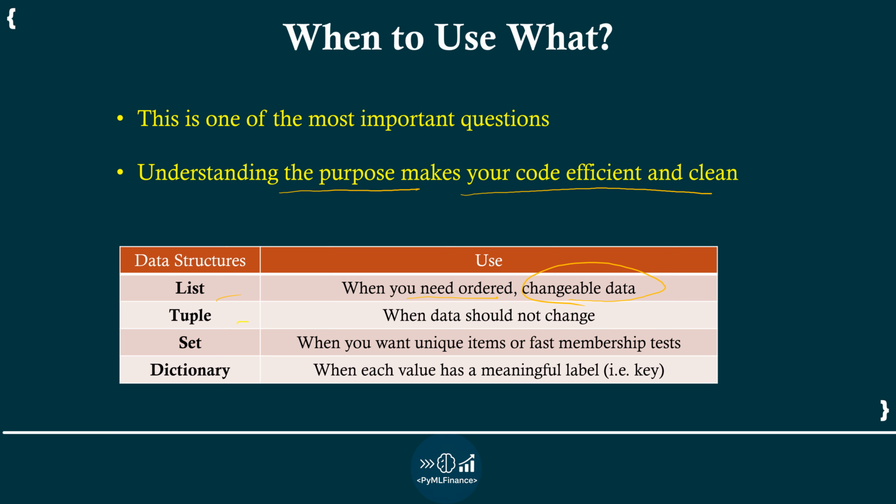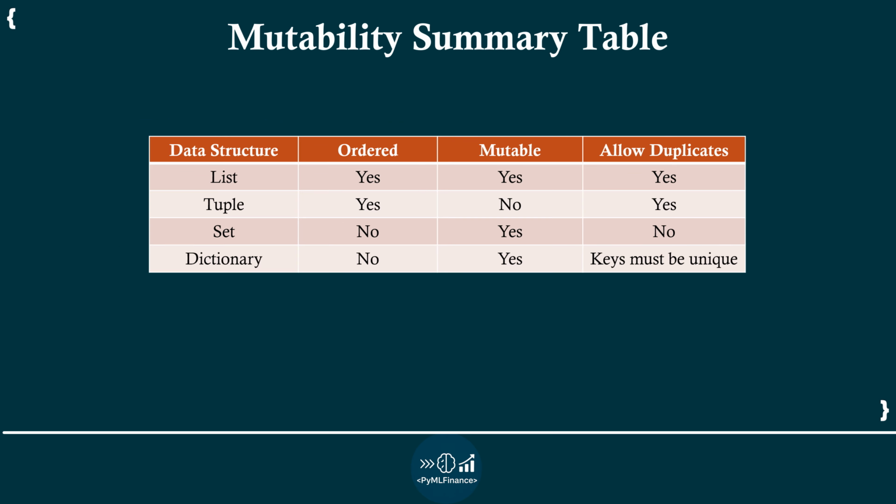You should go with a tuple when the data should not change, you don't want the data to be changed. When you want unique items or fast membership tests, you should go with sets. And a dictionary when each value has a meaningful label. You want a key value pair of data within your program, then you should go with a dictionary. So this is one of the important concepts, I would say.